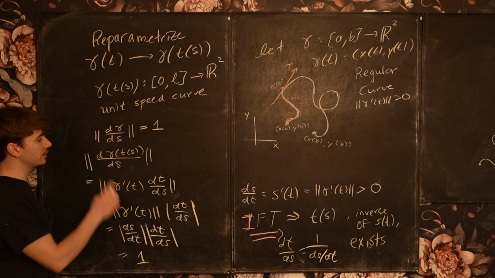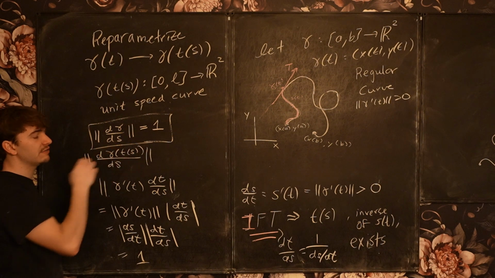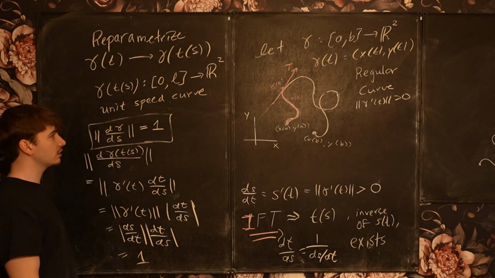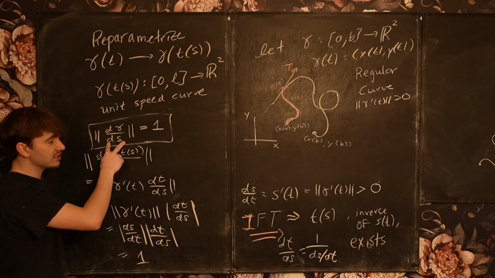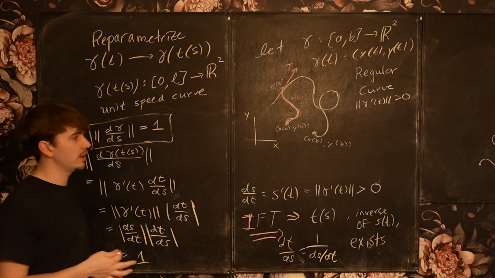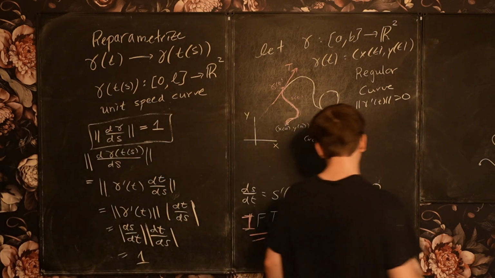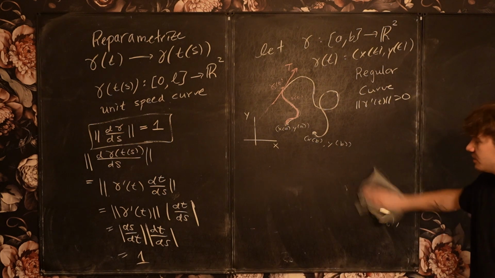So in particular, we've just proven this result, which says that if I reparameterize according to the cumulative arc length, then the speed of my parameterization is constant and it's equal to 1. So this is a great first step because now we have a tangent vector.